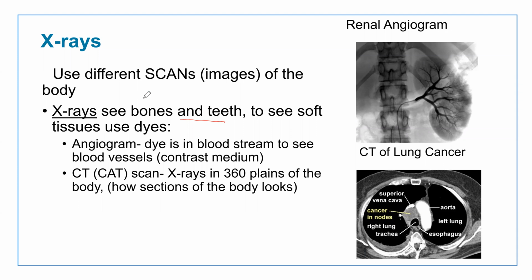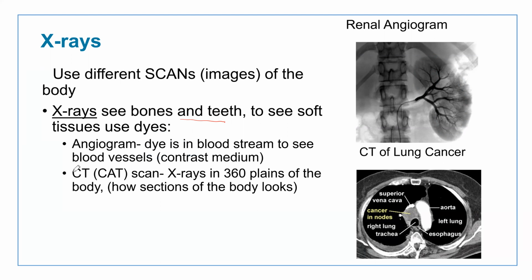For example, as shown over here, this is a renal angiogram. So that's a kidney, and you can see blood vessels that supply it. To see soft tissue, we need to use a dye. So a dye in the bloodstream, for example, allows us to see blood vessels. And this dye, we call it contrast medium.